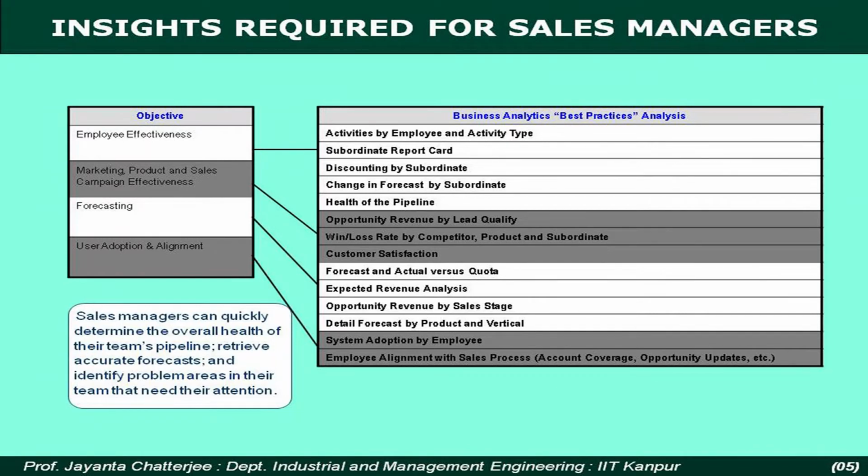Similarly, to the sales manager, a lot of information can be provided from the sales analytics, that is, how individual sales employees are doing, and whether there are problems coming from other departments due to late delivery or due to some quality problem, all that can be obtained from this report.